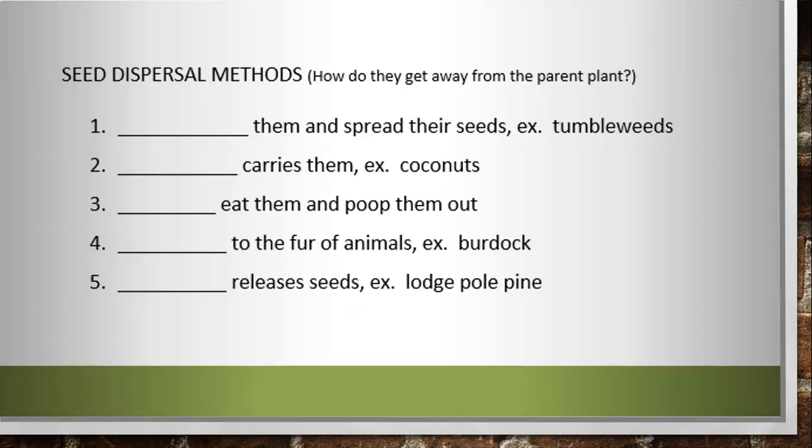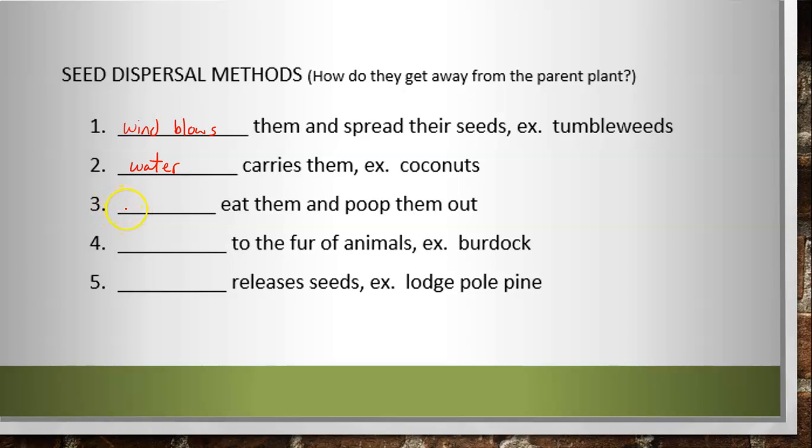Now, there are several seed dispersal methods, and we took a look at this in our first video. For example, wind blows them and spreads their seeds, such as a tumbleweed. Water will carry them, such as the coconut.